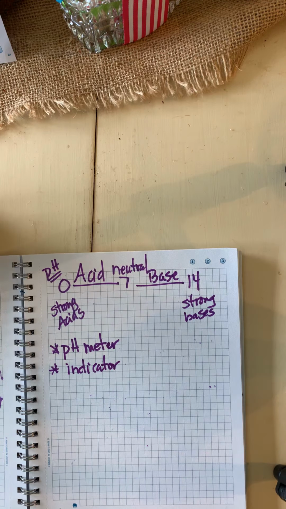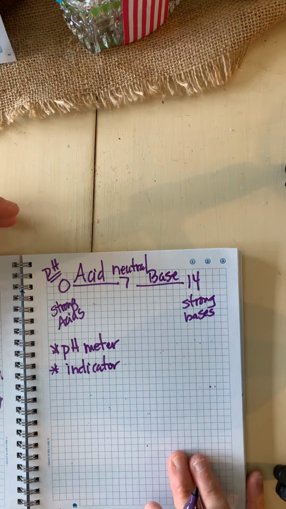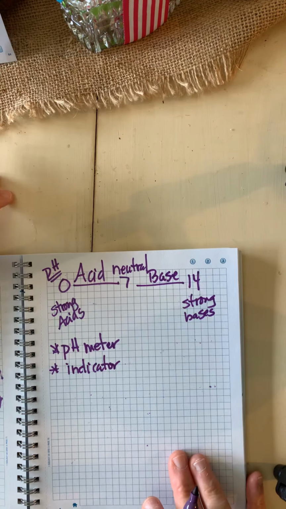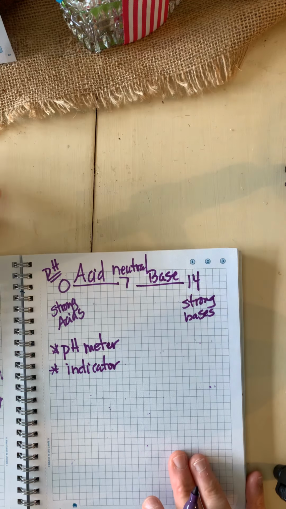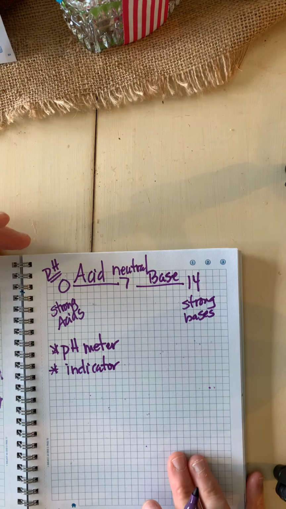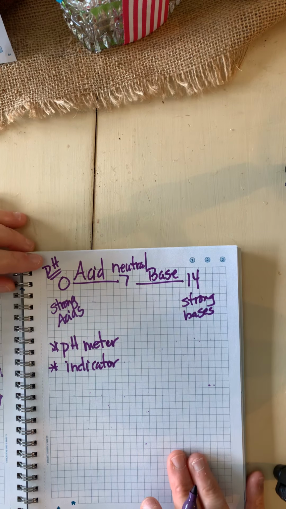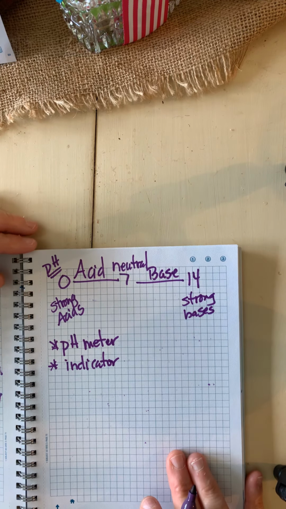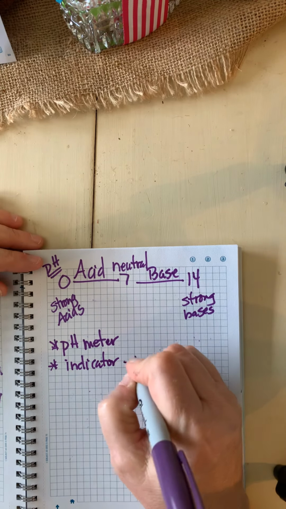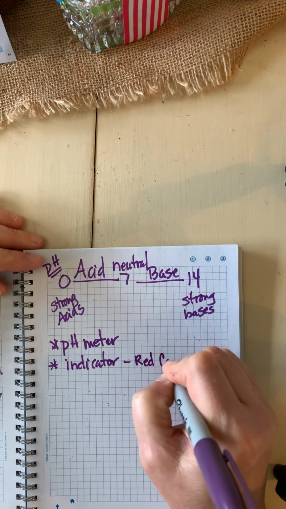And of course, red cabbage comes from a plant, so that's a natural indicator. Pretty much any kind of vegetable or fruit that you look at, the skin, the flesh of the fruit, if it has color to it, it has pigments of some kind to reflect that light, and those pigments often will change shape in the presence of an acid or base and can be used as an indicator. So red cabbage does just that for us.